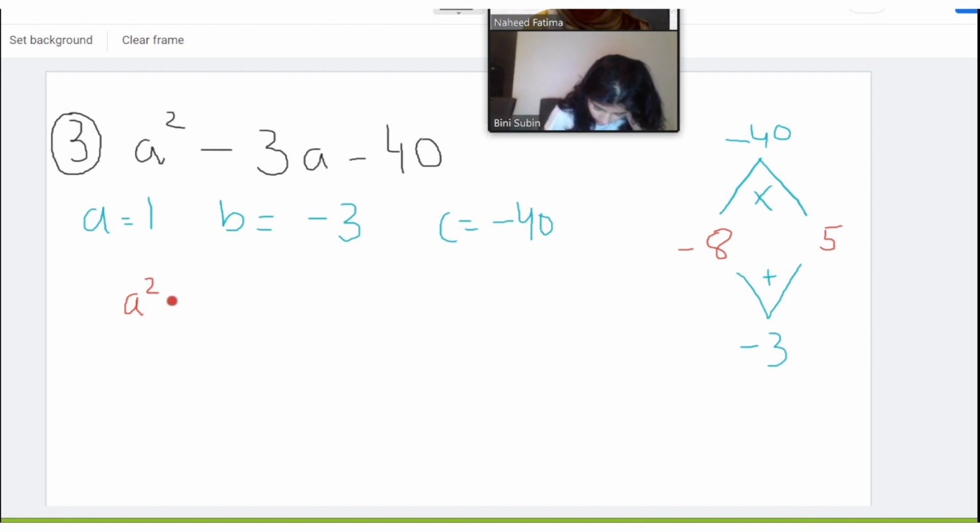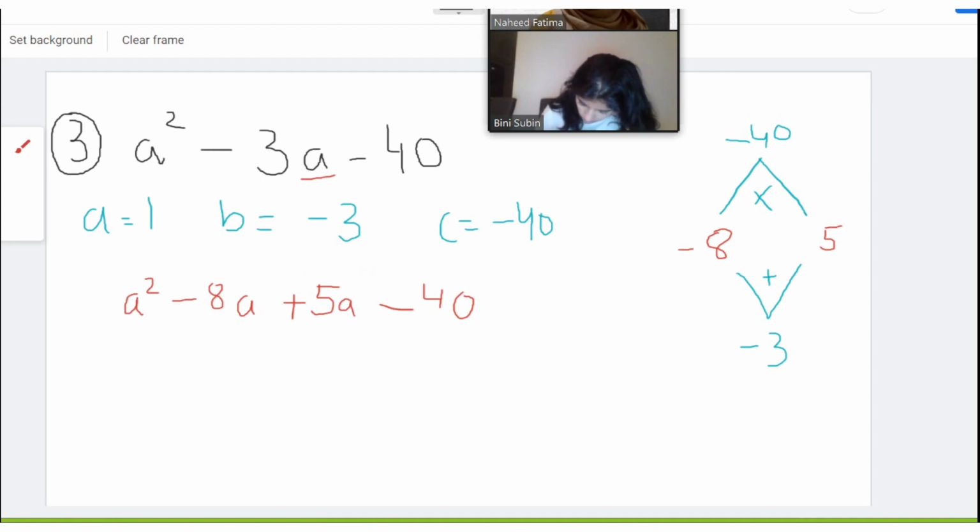It will be a square minus 8a. You need to write this variable, you cannot skip that. Minus 8a and plus 5a. Now take common.